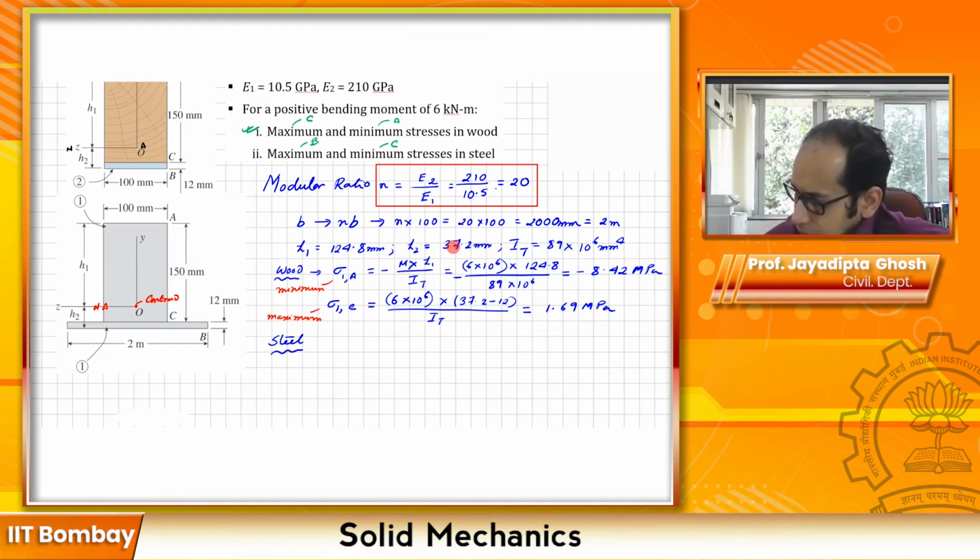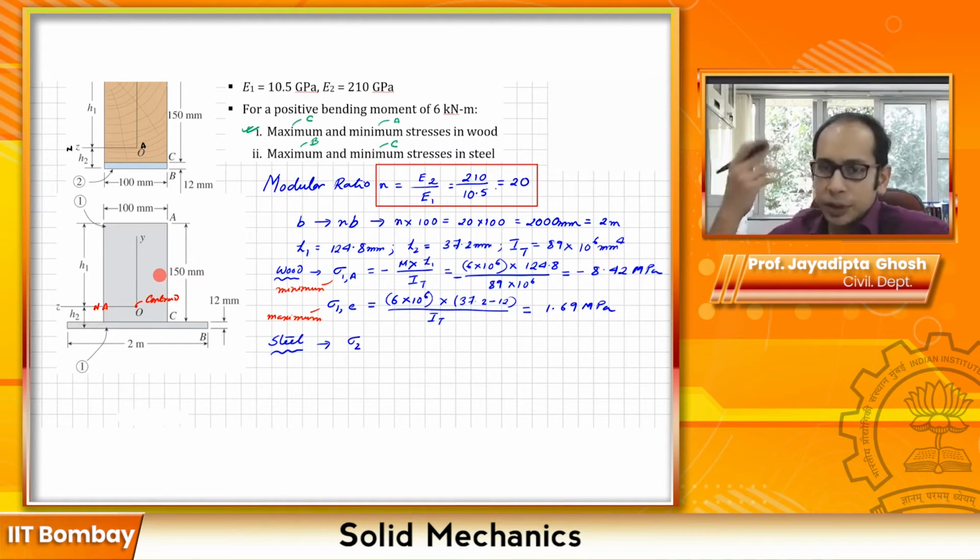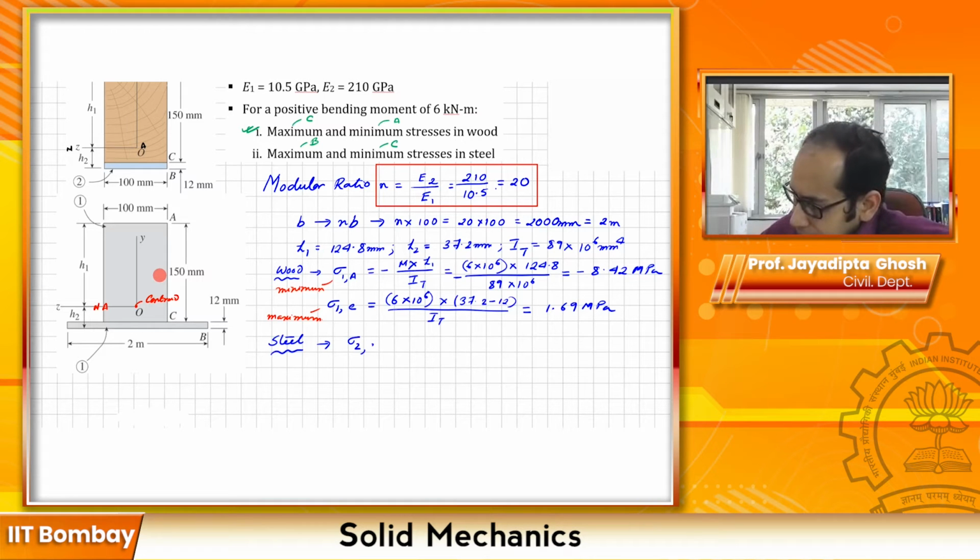So for steel, it is going to be what? For steel, the minimum stress occurs at this point C over here. So let's just calculate that. This is going to be sigma 2, because I'm calculating for material 2 at C, is going to be equal to sigma 1 at C times the modular ratio n.